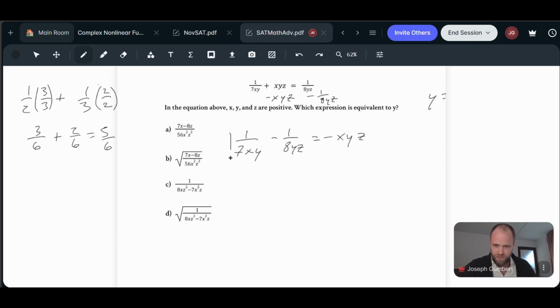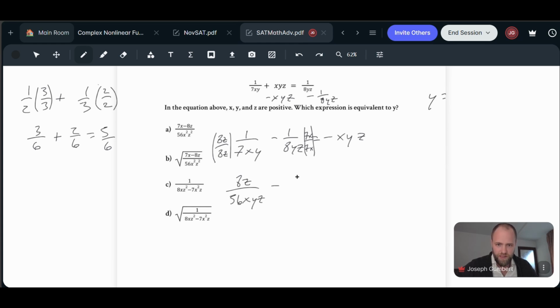On this particular fraction, I would multiply by 8z over 8z. This is in an effort to get the same denominator again. And then on this one, I would multiply by 7x over 7x. So this fraction becomes 8z over 56xyz.